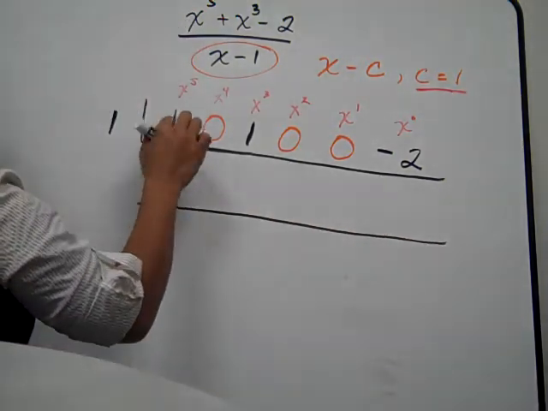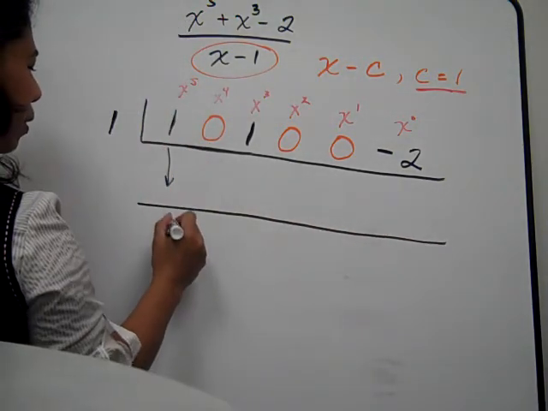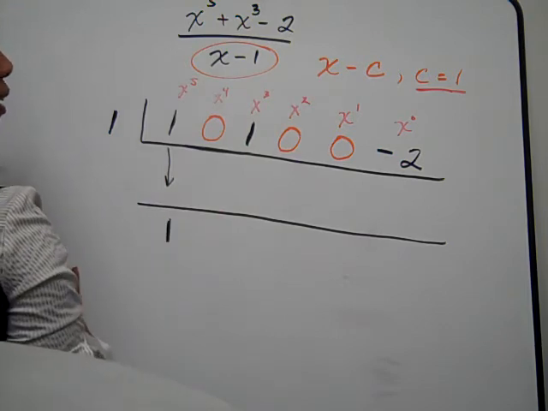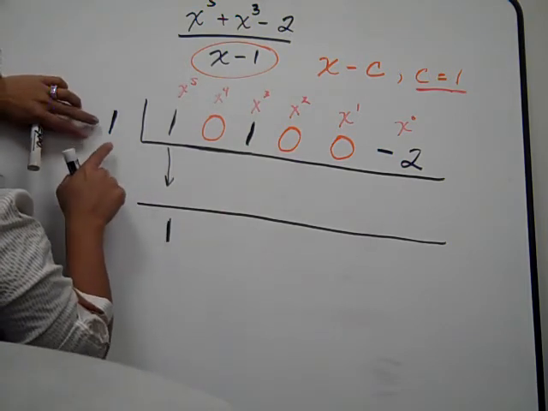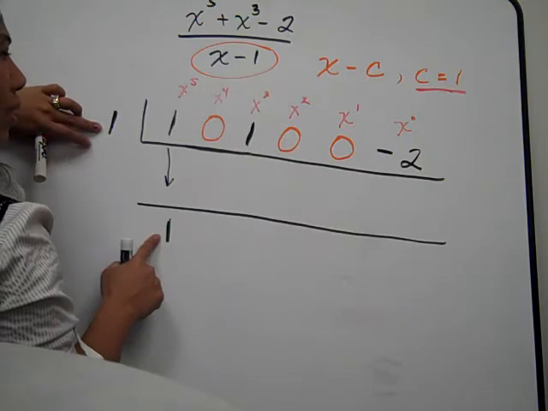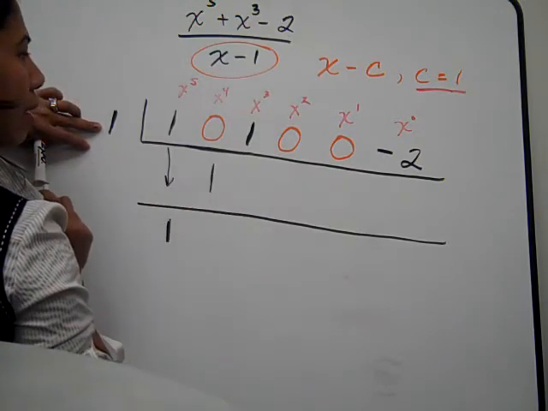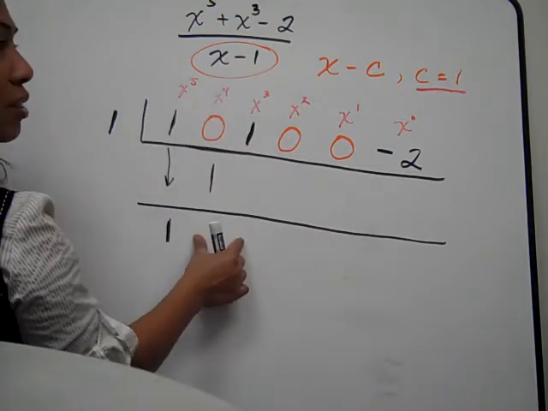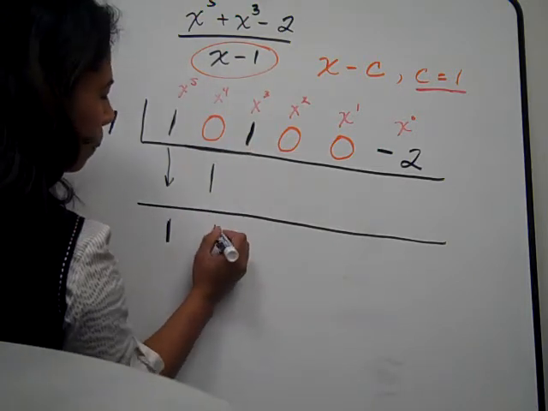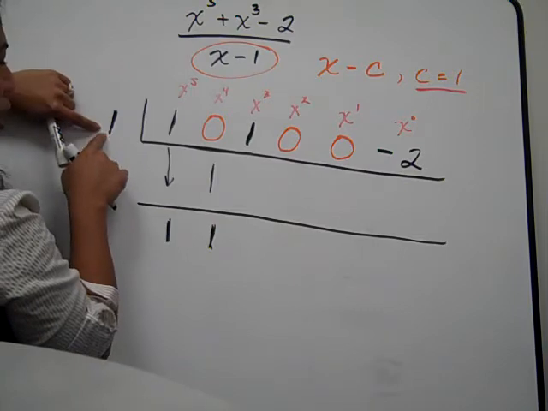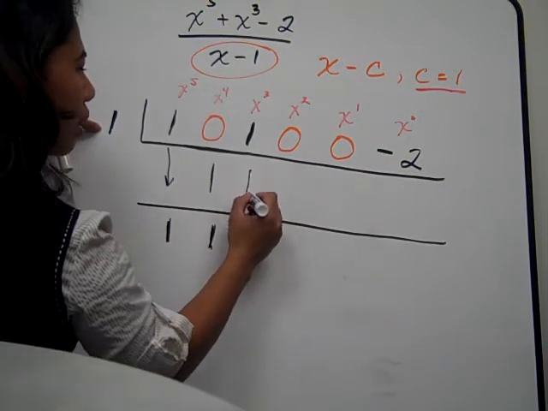The first thing you do is drop the 1 all the way down here. And then you multiply it out. 1 times 1 is? 1. Put it here. And then you add the two together. 0 plus 1 is 1. Now continue. 1 times 1 is? 1.